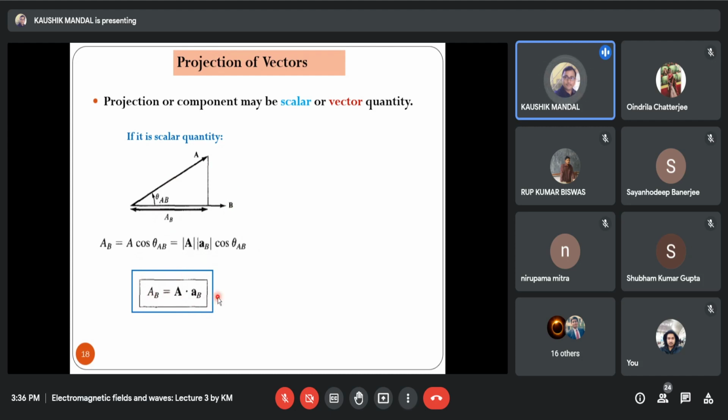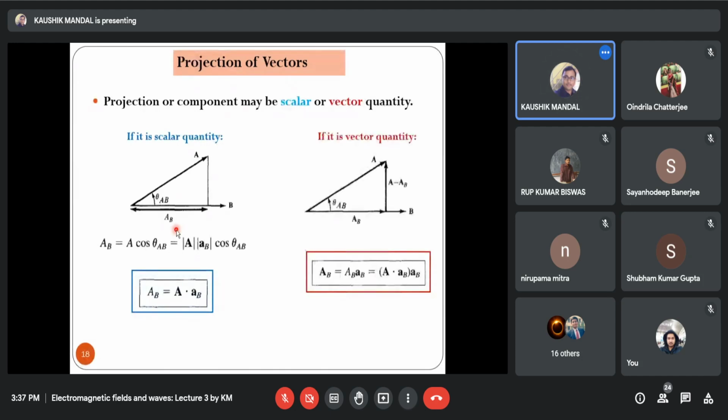Now this is a dot product. So in that case, the projection of vector A on another vector B is represented as a scalar quantity. Now in another example, we will show that we can represent this projection or component of the vector by a vector quantity itself.